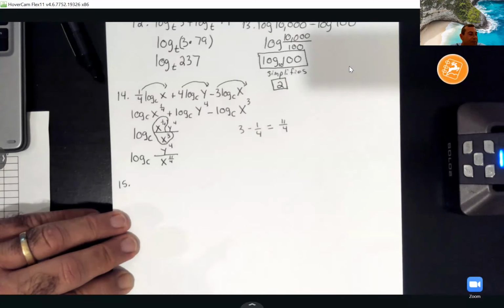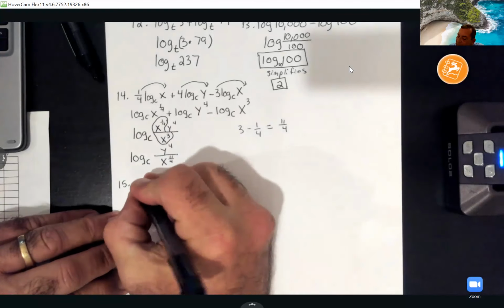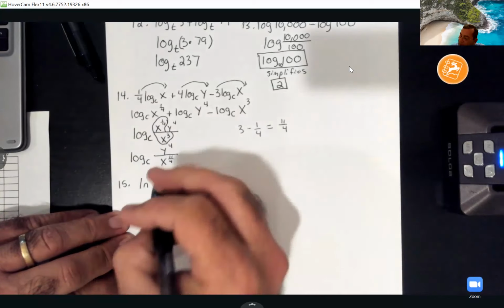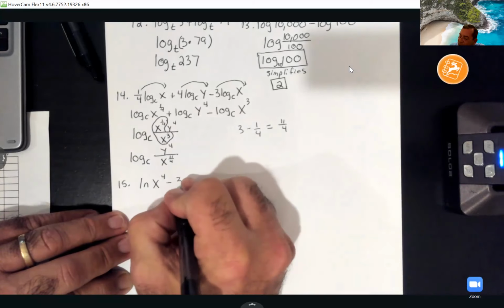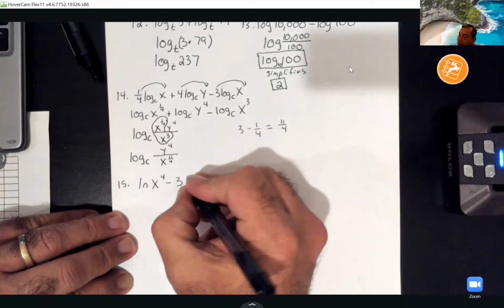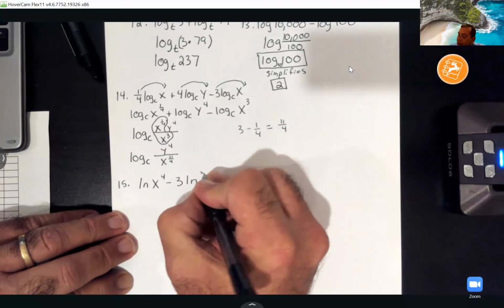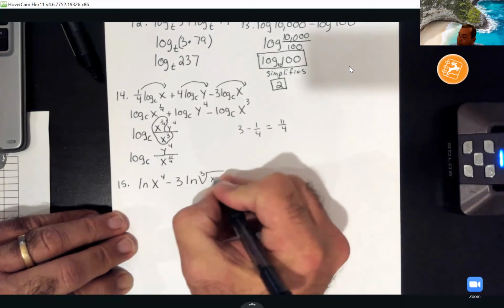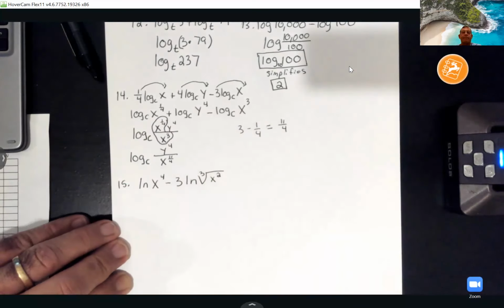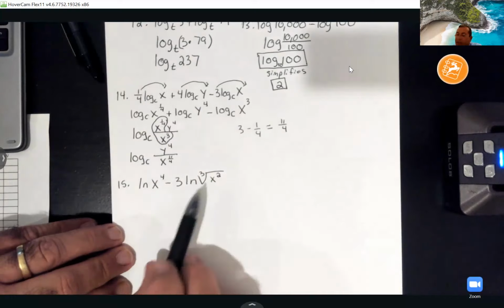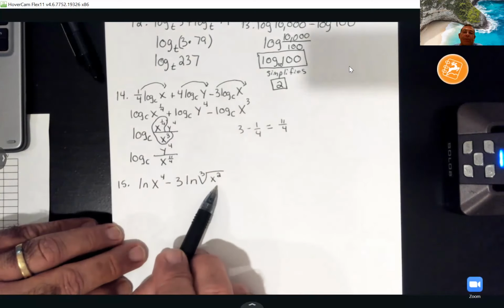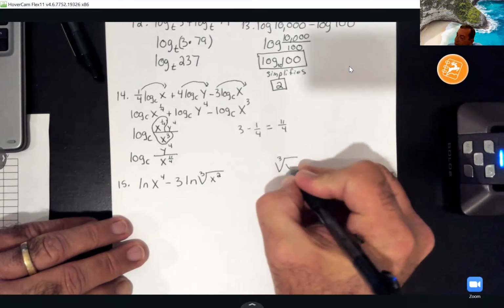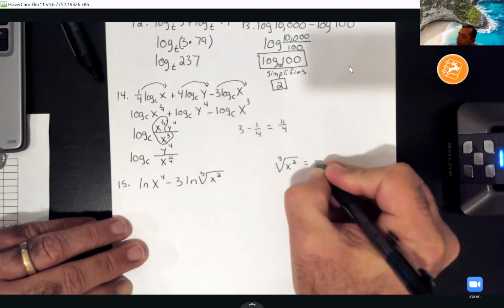All right, so watch this. Number 15. I got an ln of x to the 4th minus 3 ln of the cube root of x squared. So the first thing I'm going to do is get rid of this radical. So y'all, we want to rewrite that cube root of x squared.